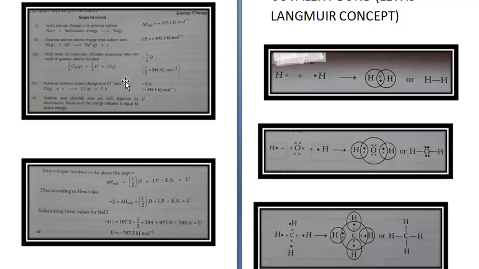So we take half of the dissociation energy, which is 244 kilojoules per mole. Then next, gaseous chlorine atom is changing into chloride ion, and electron affinity is given as minus 348.6 kilojoules per mole.